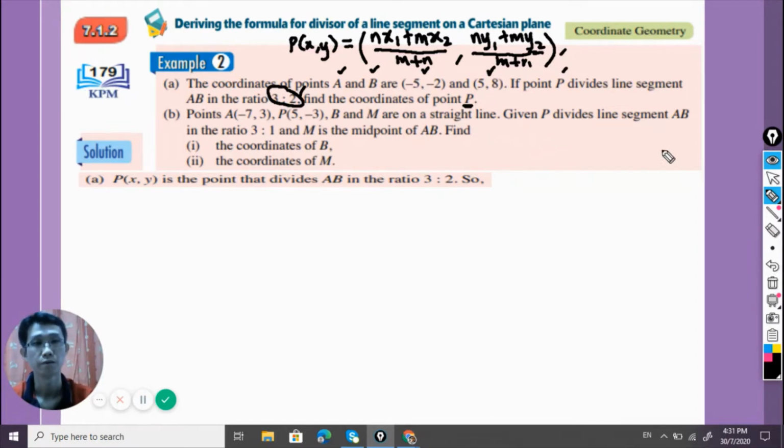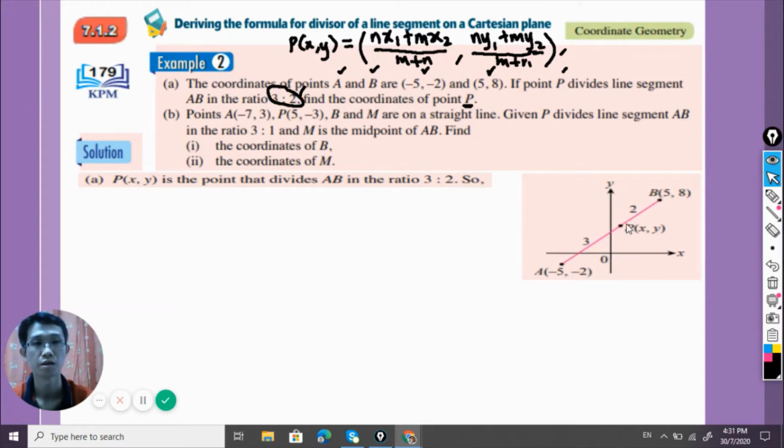So before we move on to get the exact value of the coordinates of point P, the internal point, I will advise you all to draw the diagram to show the position of the endpoints and the internal point on the line.